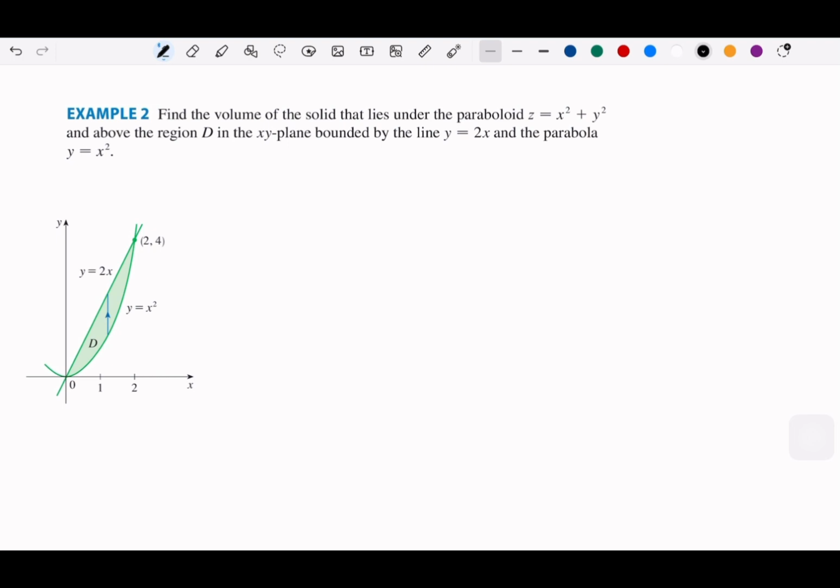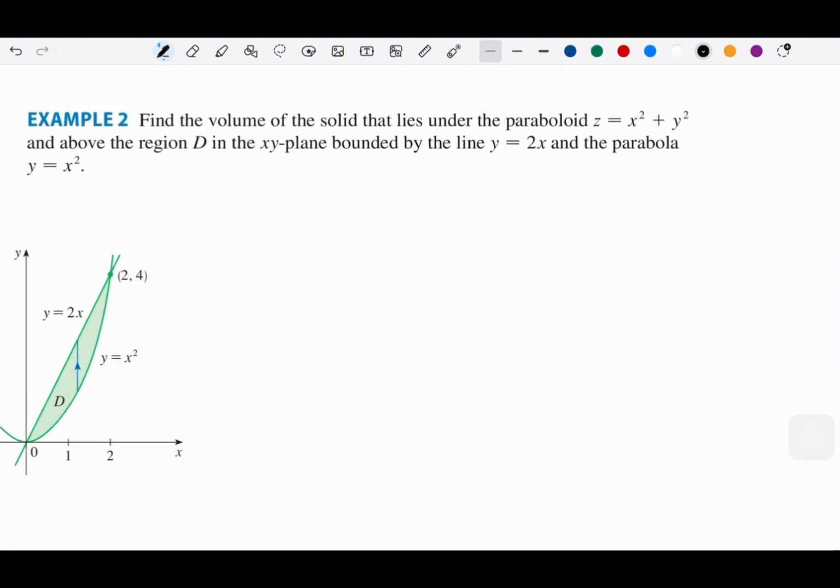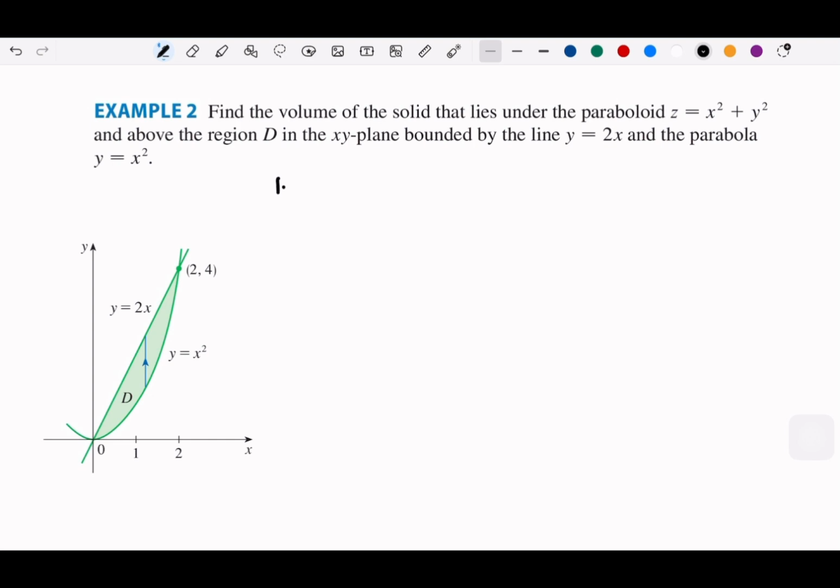So first of all, if there is no picture, draw the functions. The second is finding the intersection. So first is always draw, the second is intersection.